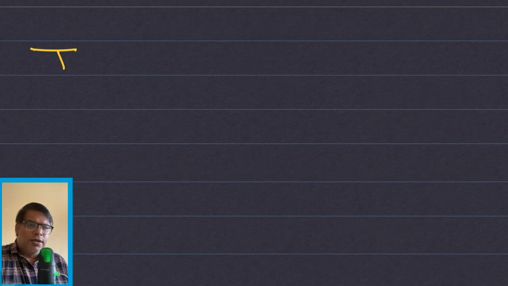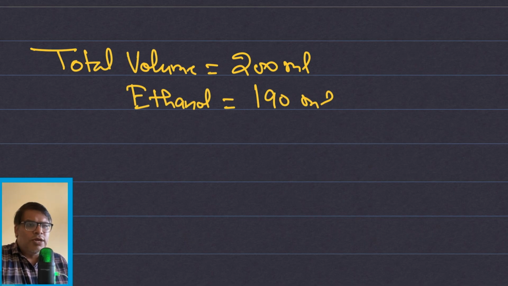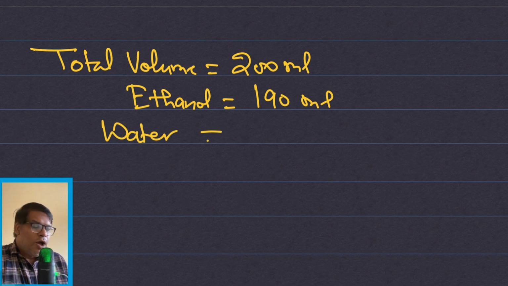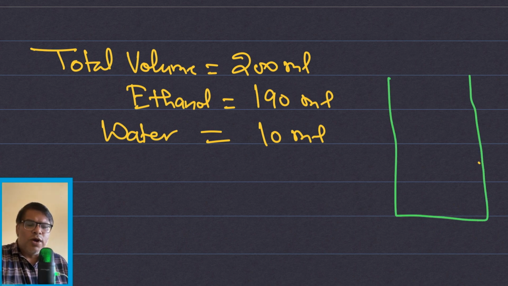Now here, the total volume is 200 ml, and the volume of ethanol required is 190 ml. How much water are you going to add? 200 minus 190, it is 10 ml. So you will mix 190 ml ethanol with 10 ml water, and your total volume will be 200 ml.